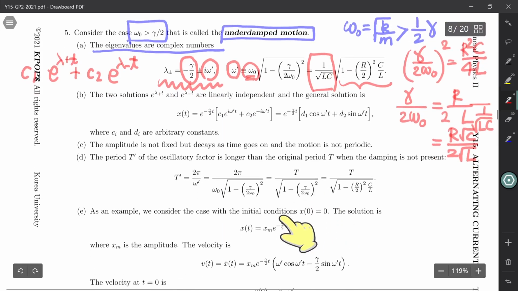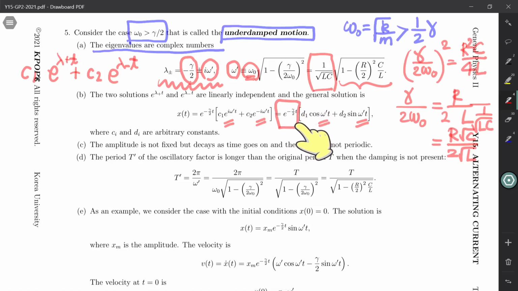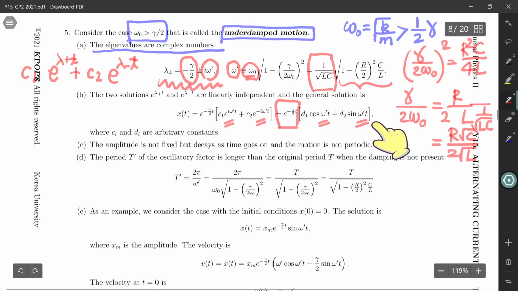We can express it either in exponential form or cosine plus sine. The overall exponential factor, exponential minus 1/2 gamma t, is factored out, and inside is the linear combination of cosine and sine with the arguments of omega prime t, and omega prime is given here.